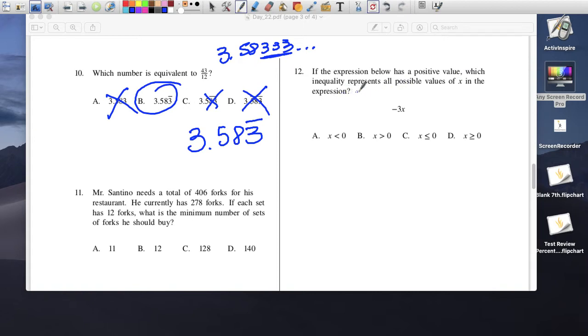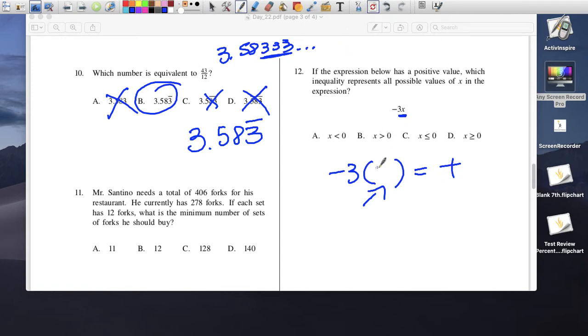12, the expression below has a positive value. Which inequality represents all possible values of x in the expression? So negative 3 times x here, this value x has to be positive. So what numbers can I put in here to make that true?